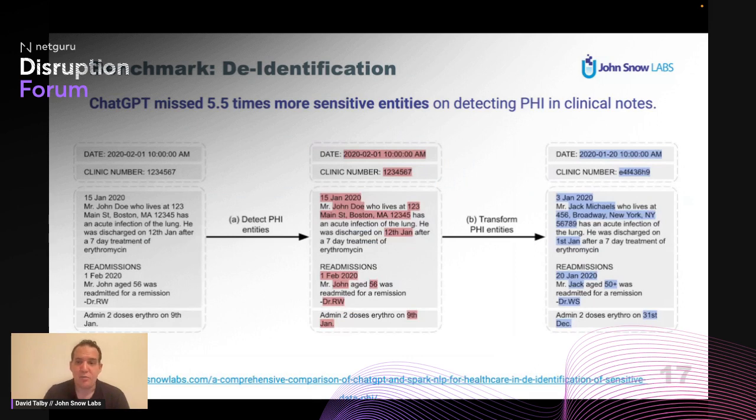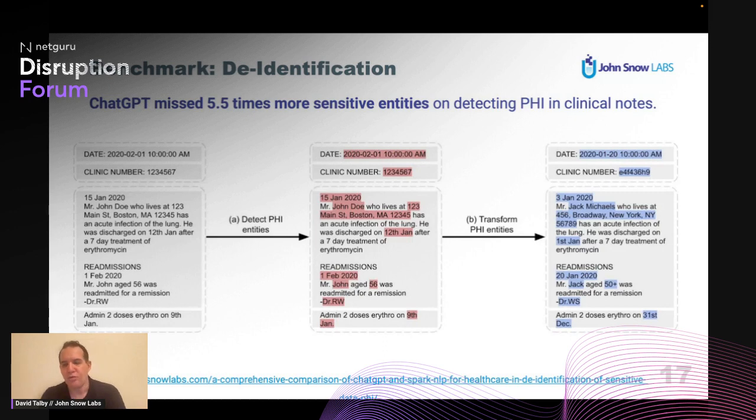Another benchmark that we've done and made public is around de-identification. With de-identification, you're usually looking at a clinical note, but it could be clinical trial information, safety information, or even manufacturing information. You have information about specific people, which you first want to find: names of patients, addresses, professions, places, locations, dates, and so on.